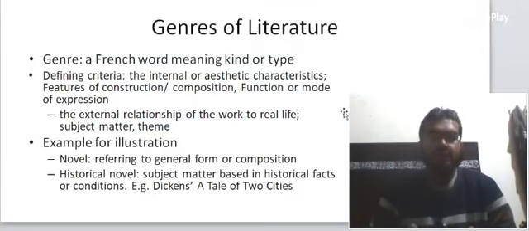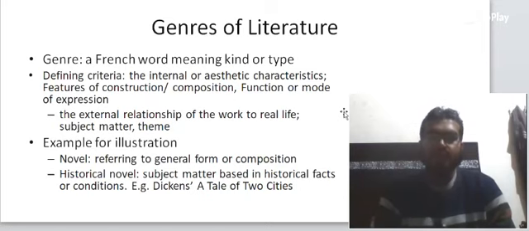Now, within novel, we have subgenres. I just want to add this one point here, although I'll be discussing these sub-genres in a separate independent discussion.